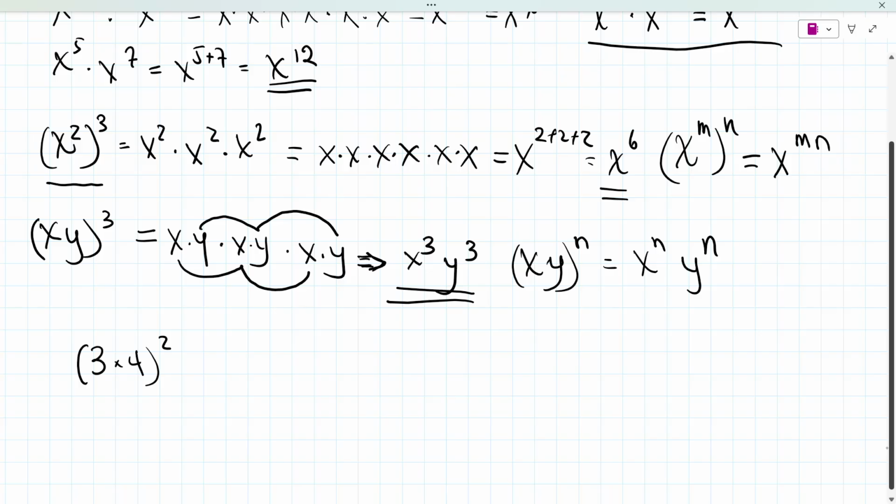This is the same as 3 to the power 2 multiplied by 4 to the power 2 using the general rules we've just looked at previously. So this will give us 9 multiplied by 16. And the answer here will be 144. That's our final answer.